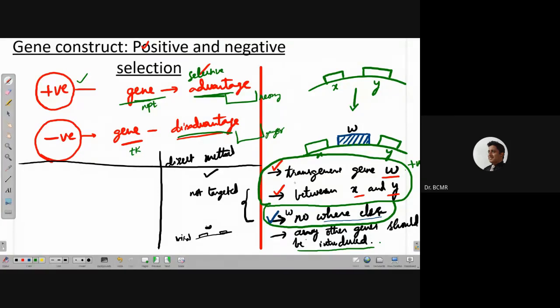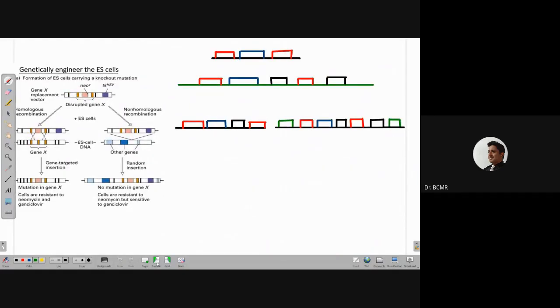And we have established some rules when we are making the transgene. We want the transgene W to be incorporated. We want it targeted. That means we want it only between X and Y, and it should not be anywhere else, and no other genes should be introduced during this process. So we'll try to solve some of the questions that we haven't addressed in the last class.